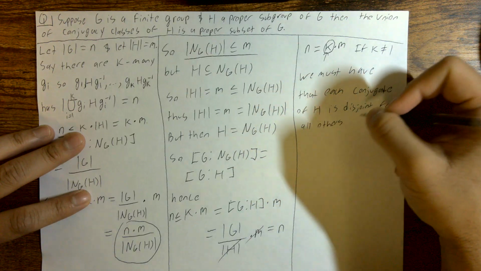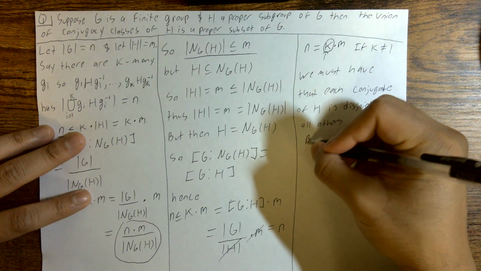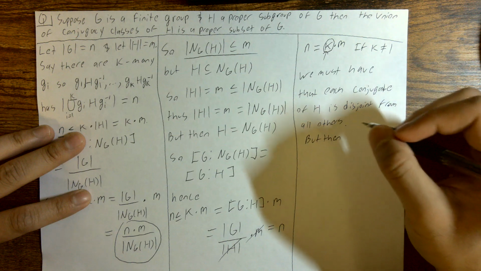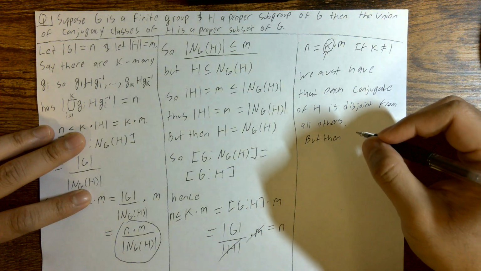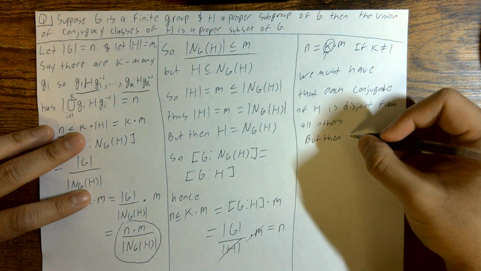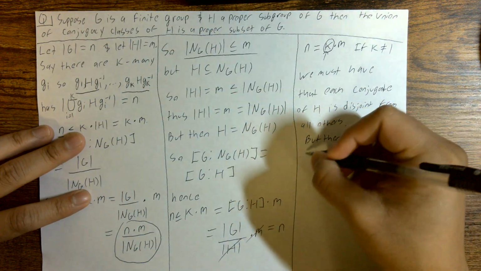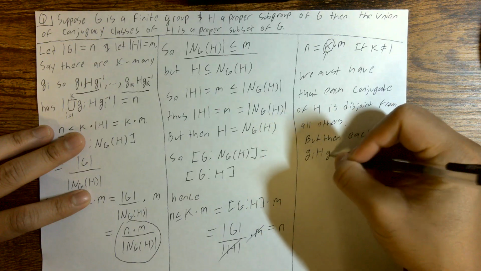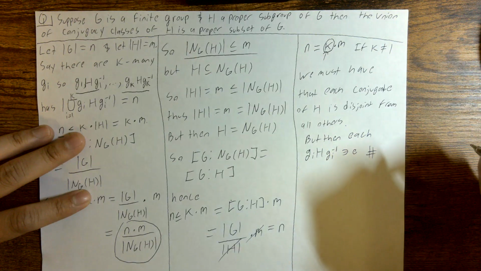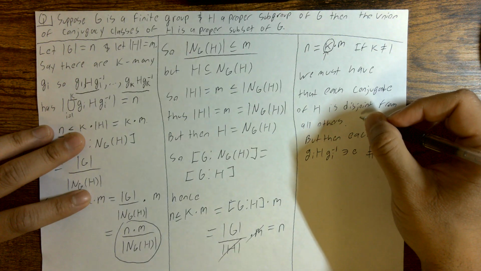That is, they are pairwise disjoint. But then each conjugate must contain e, which is a contradiction, since they are pairwise disjoint.